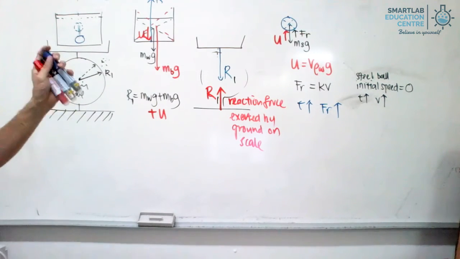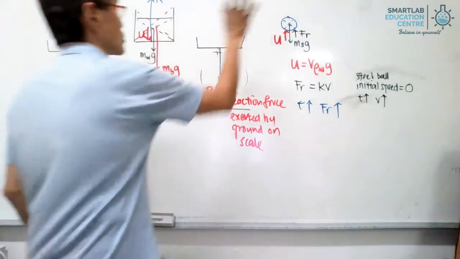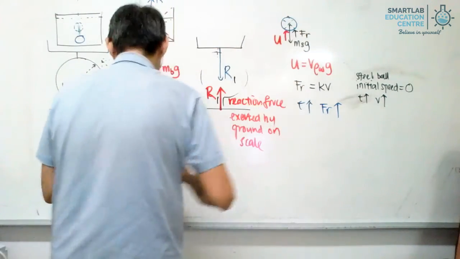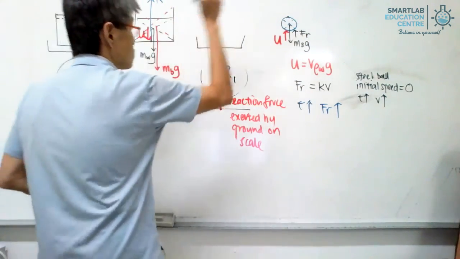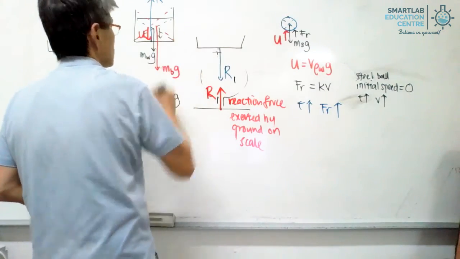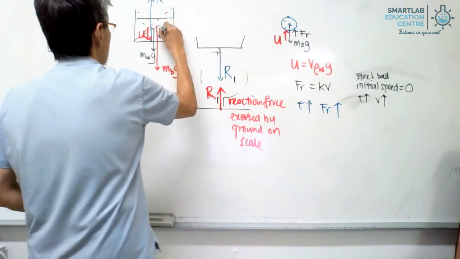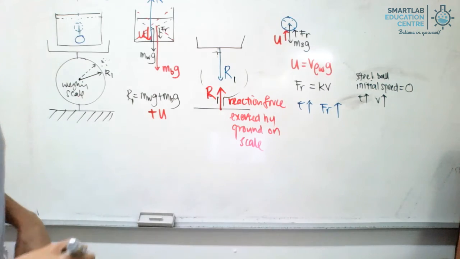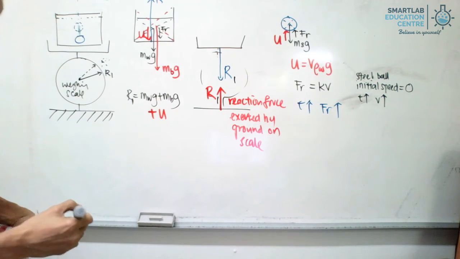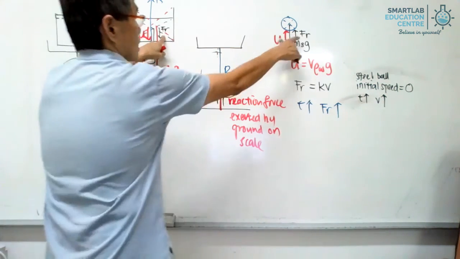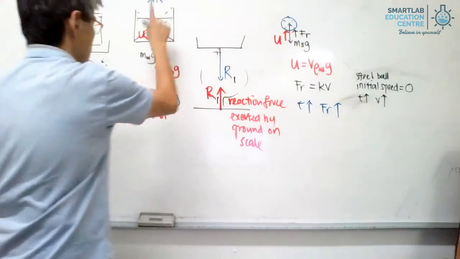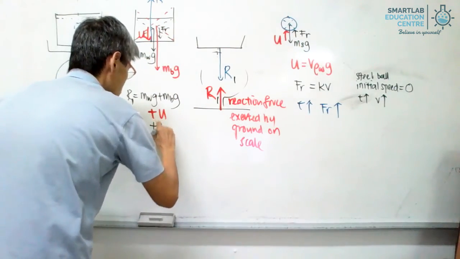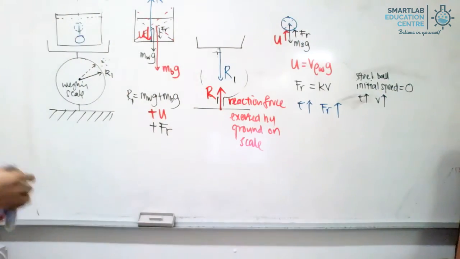It means that the water exerts the force Fr on the steel ball, pointing upwards, and the ball now exerts an equal amount, which is still Fr, downwards on the water. These two forces are an action-reaction pair between the ball and the water. Because of that, we need to add another Fr.